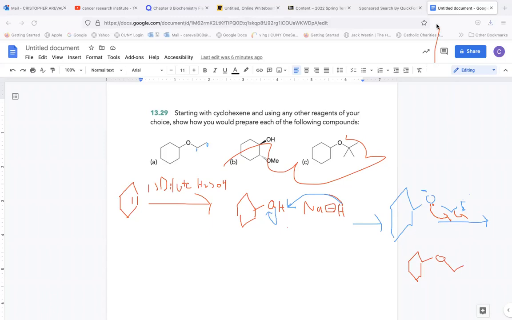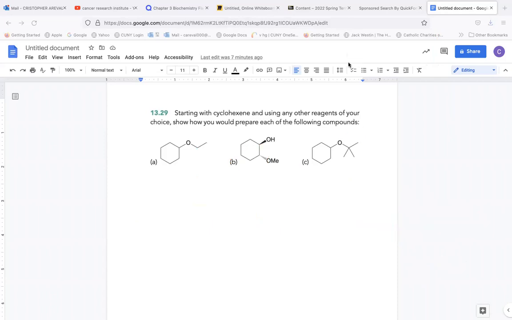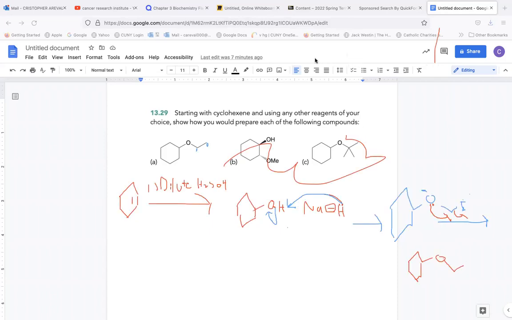So that's the first problem. I'm not gonna do B and C because... Wait. Where did you get iodine from? Remember, let's go back before I did this. Remember when I was giving you the notes about the Williamson ether synthesis? It's RX, and the X is a halogen, right?